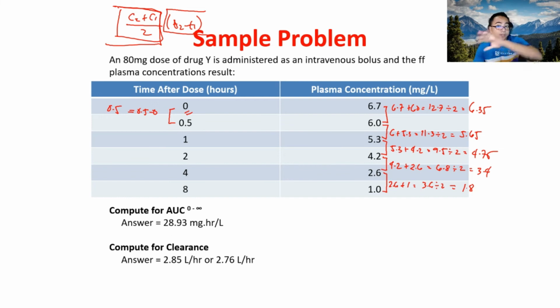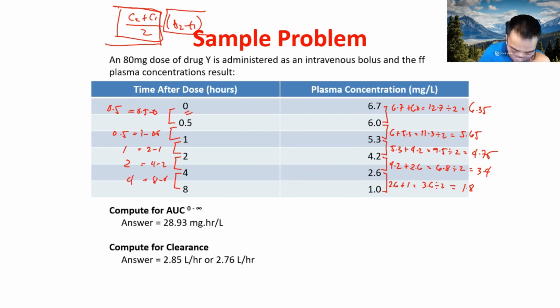Okay, so yan yung sa side nung sa plasma concentration. So dito naman, okay, 1 minus 0.5, you get 0.5. 2 minus 1, you get 1. 4 minus 2, you get 2. 8 minus 4, you get, well, obviously, 4.